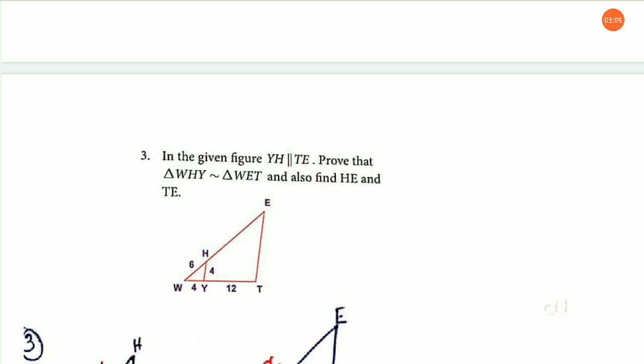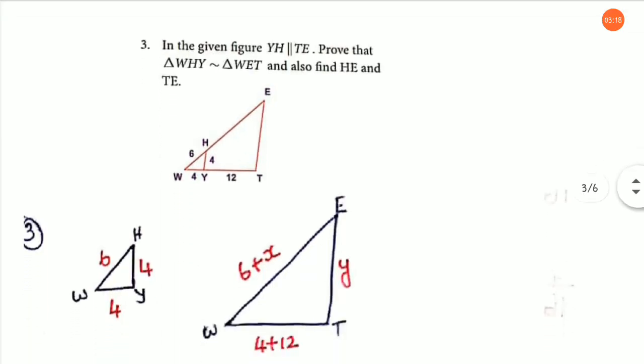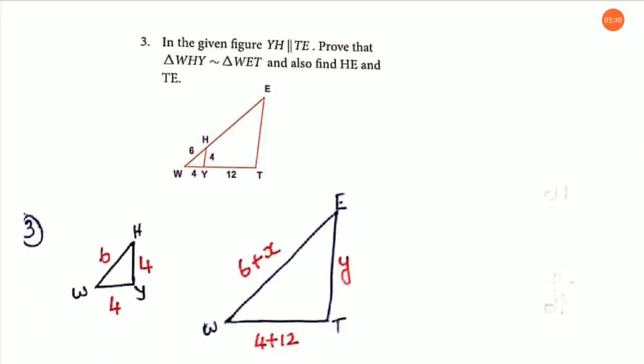For sums like this, you first split the triangles and draw them separately. So triangle WHY is here and triangle WET is there. So I am going to split it up and draw like this. Whatever values they have given, I have first written alone. And what is the next step now? Same way, since there are two triangles, I am going to find the corresponding sides in each and then write them in proportion.